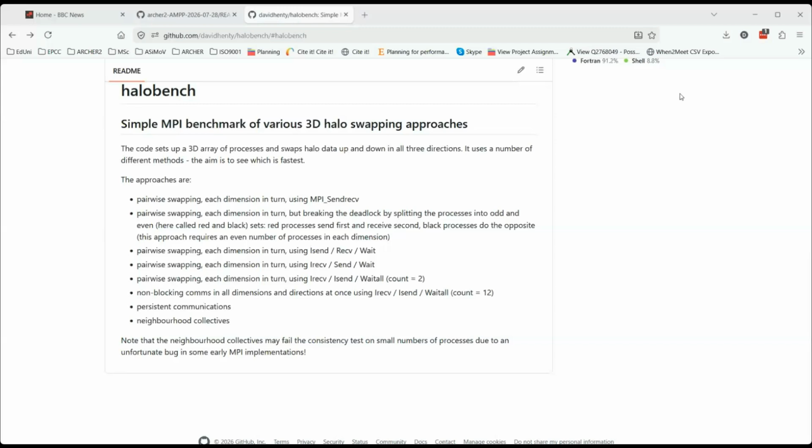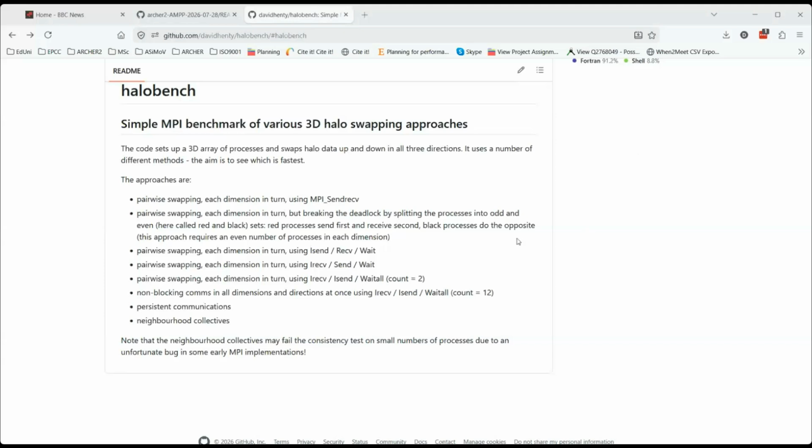The very first iteration you run may be the first time you've called a non-blocking neighborhood collective, and the first call to an MPI routine can be slower than all the other ones. So I run the benchmark 3 times. I would suggest you ignore the first 2 runs and just look at the results from the 3rd run. You can compare them, but if you want to look at one set of results, look at the last one. It just says I'm doing run 1, run 2, run 3. Within the program, it runs it 3 times.